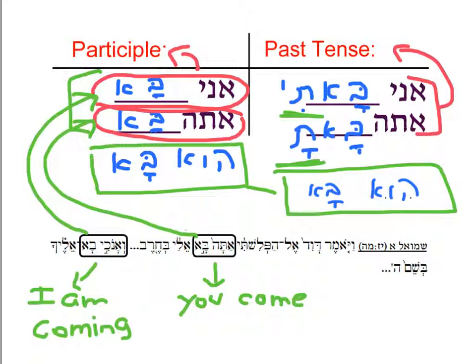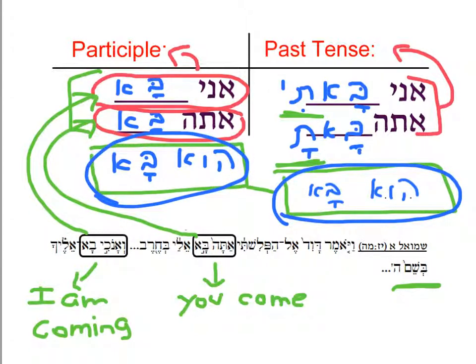You come to me with the sword, and I am coming to you, b'shem Hashem, with the name of God. In other words, you come to fight me with a sword, and I come to fight you with God's name as my weapon. Now we have to explore that last question about how to differentiate huba and huba.